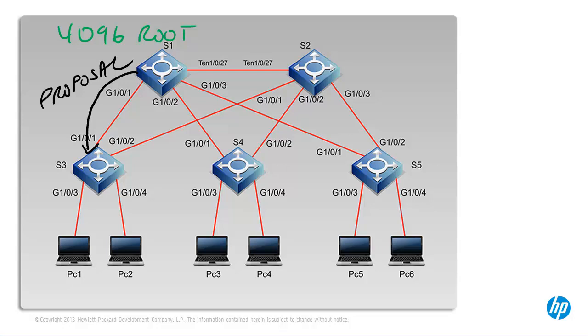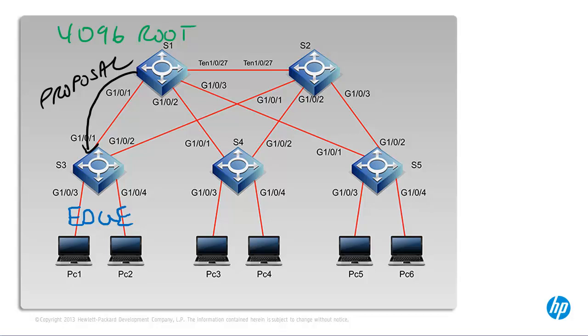Now switch 3 in this case would send back an agreement message to indicate that it agrees that switch 1 is the root. Before doing that, it syncs its ports. Now if configured correctly, these ports should have been configured as edge ports. So in other words, they immediately go forwarding.